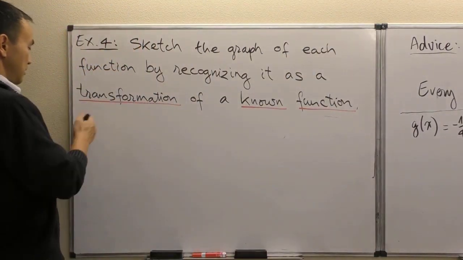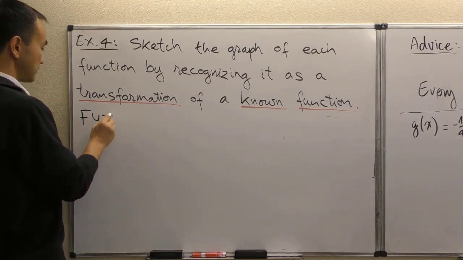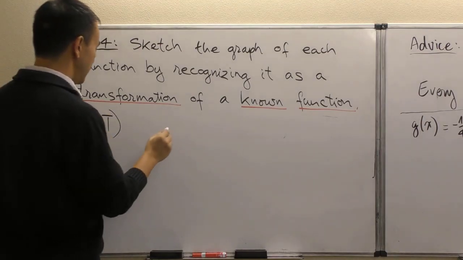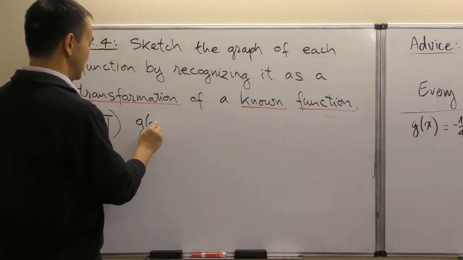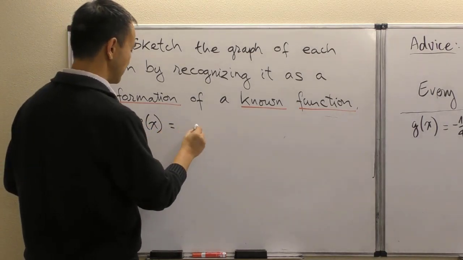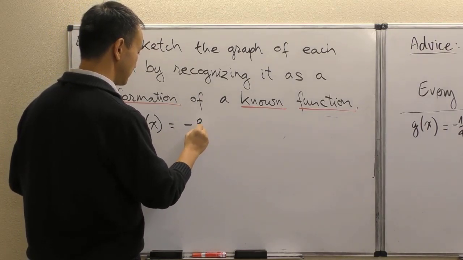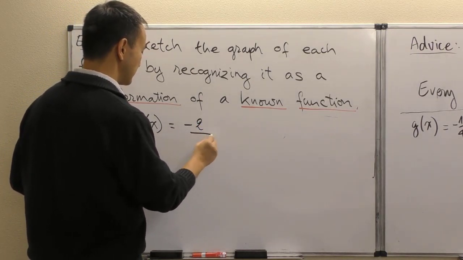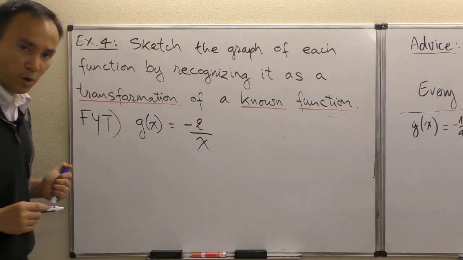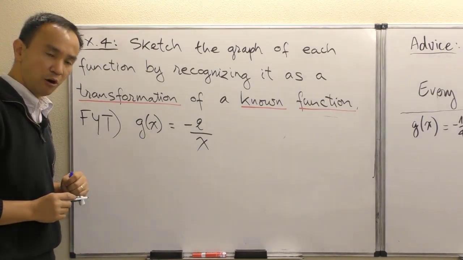All right, for this FYT, let's look at g of x equals, and I'm purposely writing it this way, g of x equals minus 2 over x.